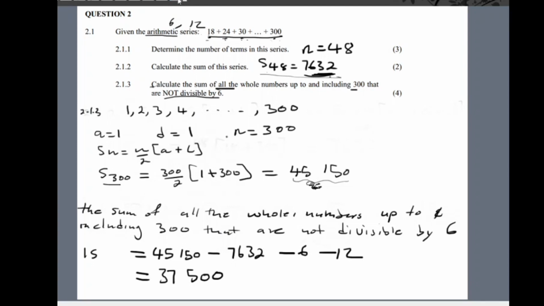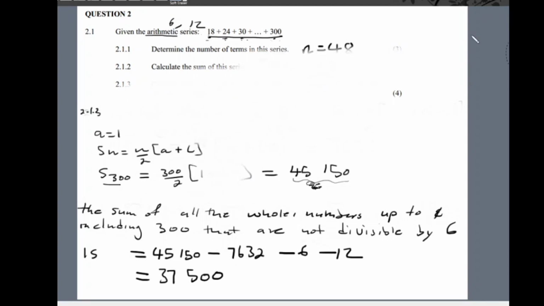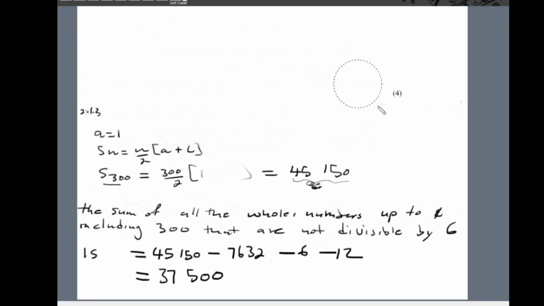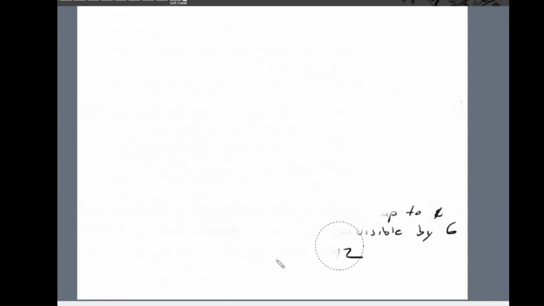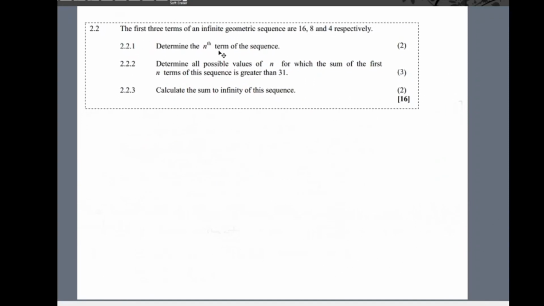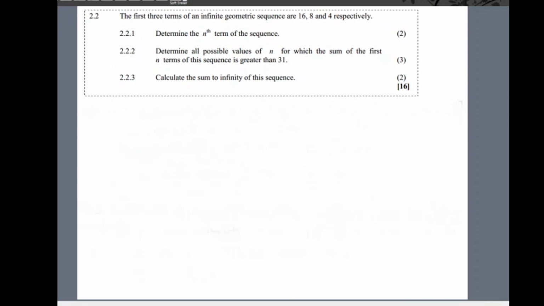Okay, so let us move on to another part here, question 2. The first three terms of an infinite geometric sequence are 16, 8, 4, and so on.